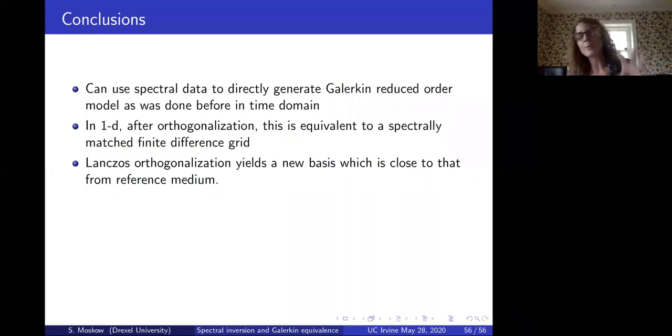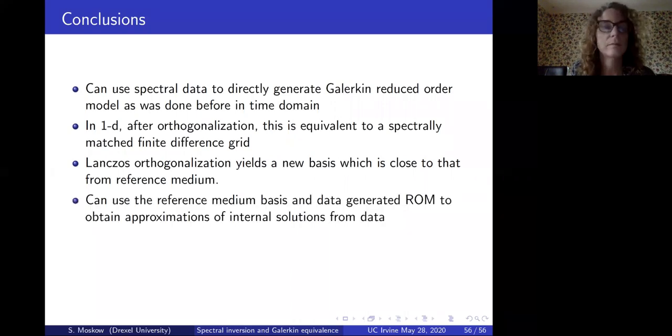And this is the place where some math needs to be done to understand exactly how close, and we are thinking to prove something about that right now. We can use the reference medium basis and data generated reduced order model to obtain approximations of the internal solutions from the data, which could be of interest in their own right, not necessarily for reconstructing Q.